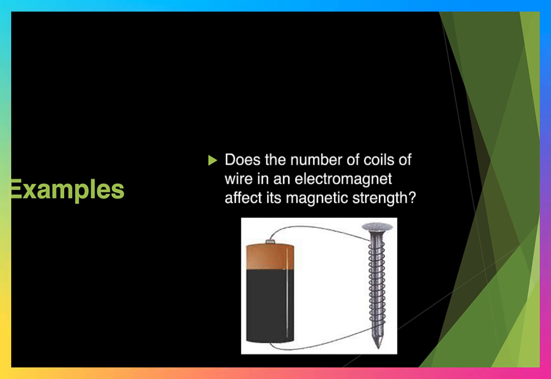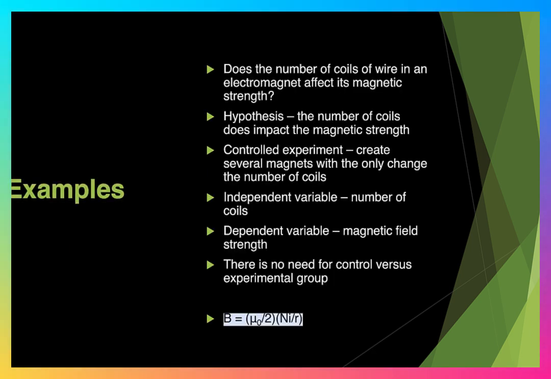And how would you test that? The question is, does the number of coils in the wire affect electromagnetic strength? The hypothesis is yes, the number of coils does impact the magnetic strength, or the null hypothesis is the number of coils does not impact the magnetic strength.